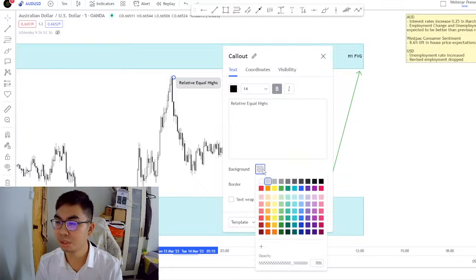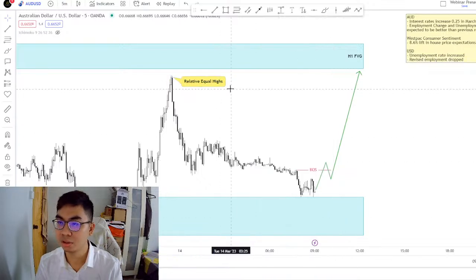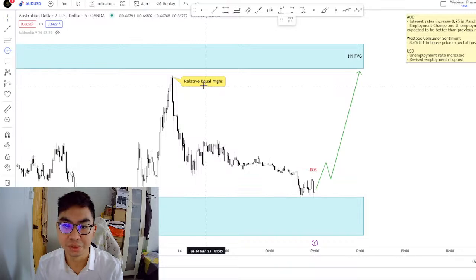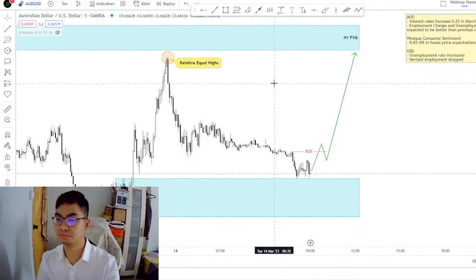This is an area you can potentially take a look at, for price to continue moving bullish.